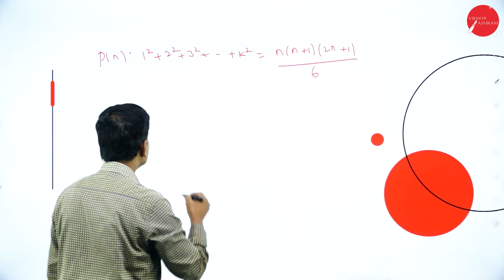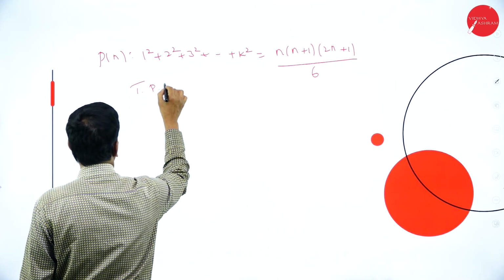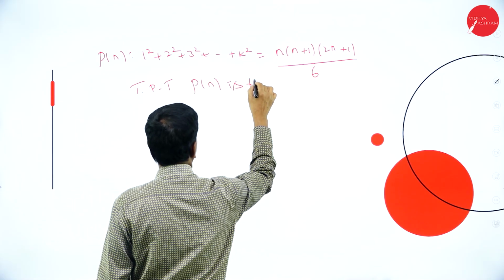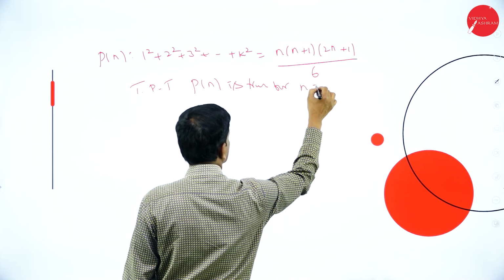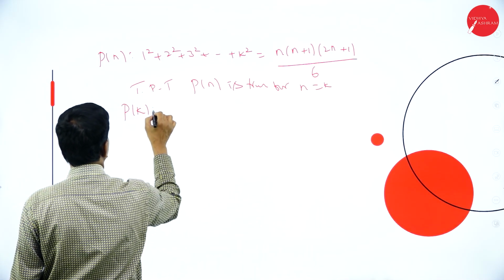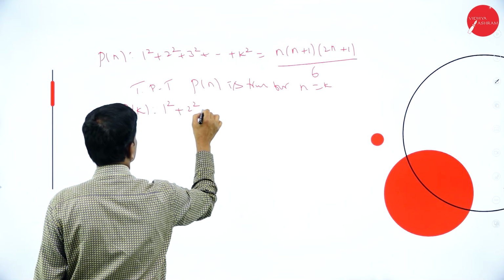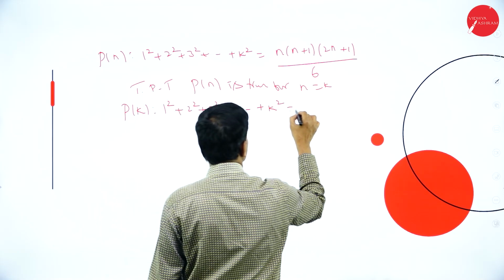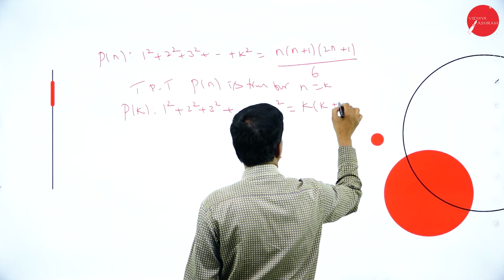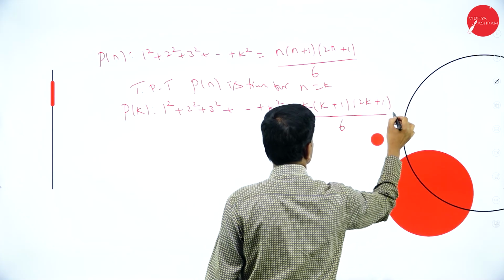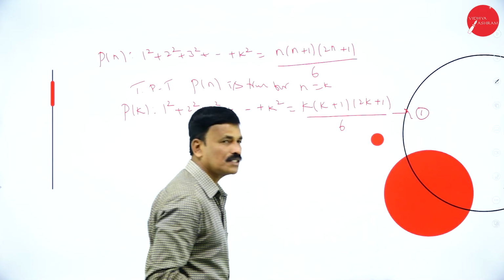Now suppose P of n is true for some positive integer n is equal to k, then this becomes P of k is equal to 1 square plus 2 square plus 3 square plus etcetera plus k square is equal to k into k plus 1 into 2k plus 1 divided by 6. Let us represent this as equation number 1.